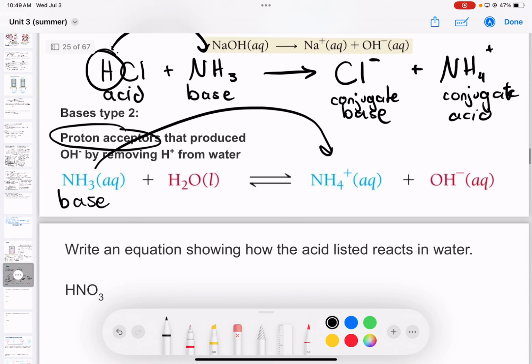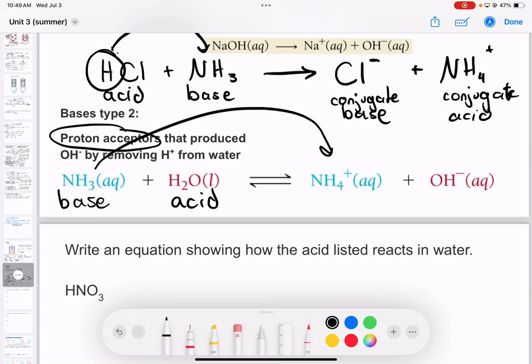But then when we go to the base, we always need one and the other. So the base is taking a hydrogen, and the place it gets it from is from the water. So now the water is acting as an acid, it's giving up an H+, and the NH3 is accepting it.